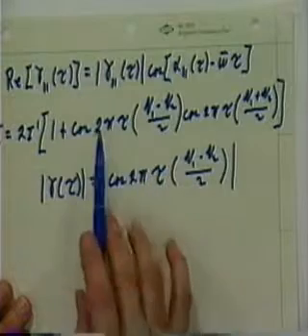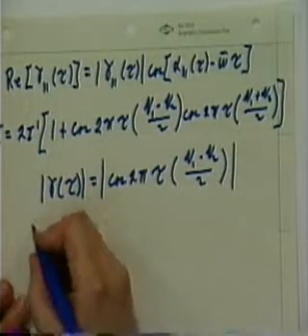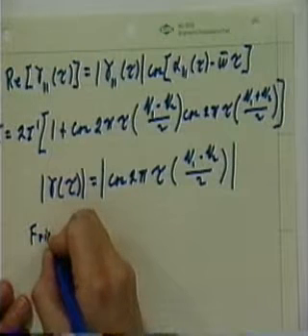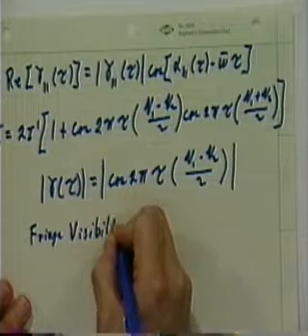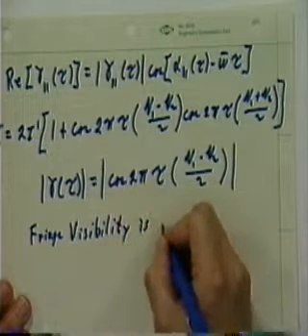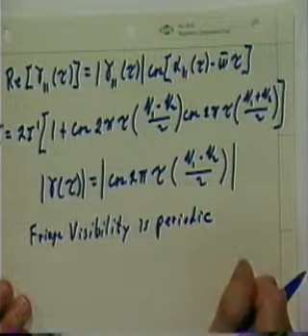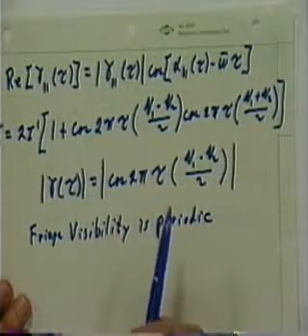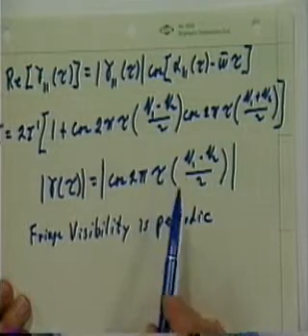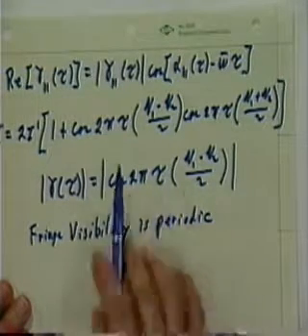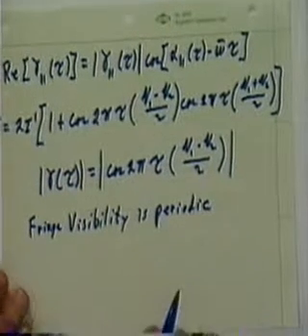So it's kind of interesting that this coherence function here is periodic. Okay. Depending upon tau, it will vary in the cosine fashion, and it's going to be periodic.